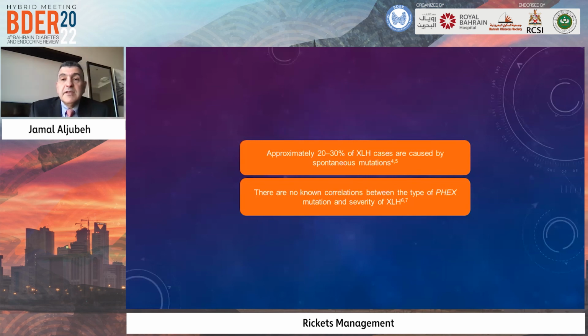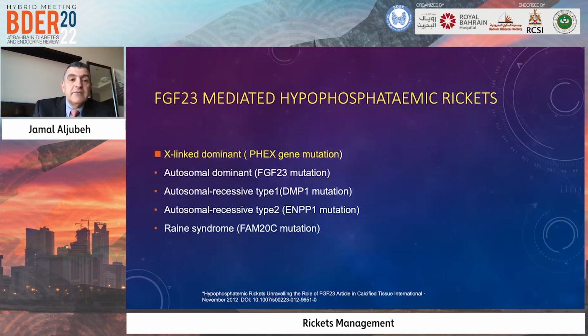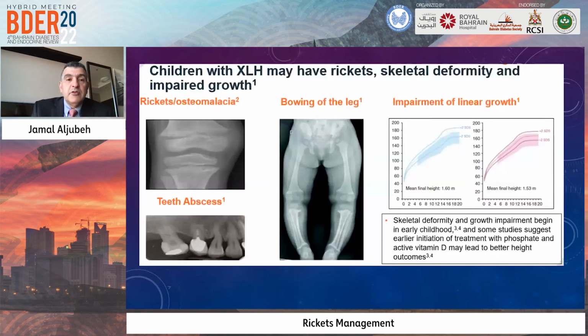However, 20 to 30% of the cases will be caused by spontaneous mutation without inheritance from the family. Of the FGF23-mediated hypophosphatemic rickets, the most common type is the X-linked dominant XLH, but there is also autosomal dominant or autosomal recessive with the same pathophysiology.